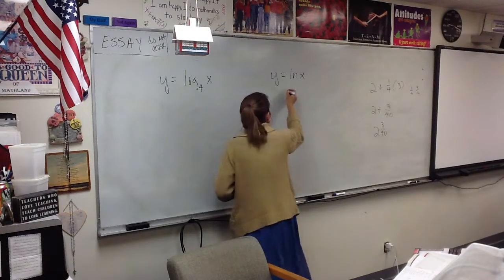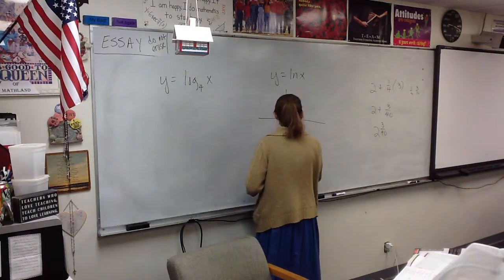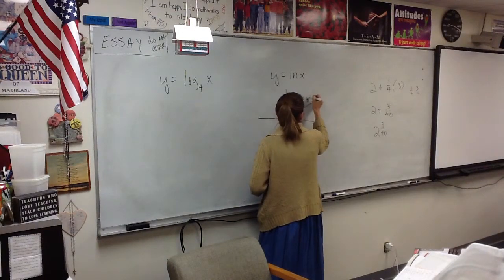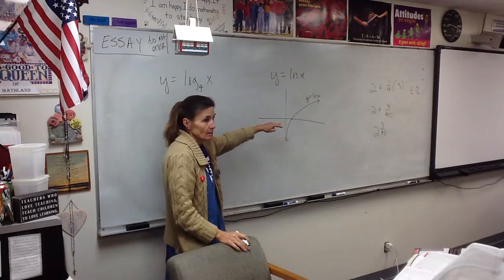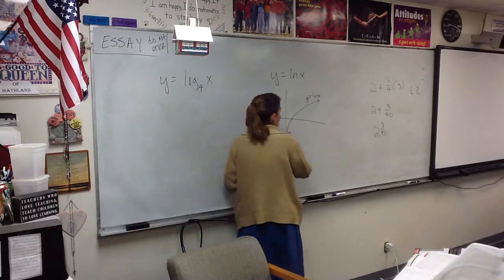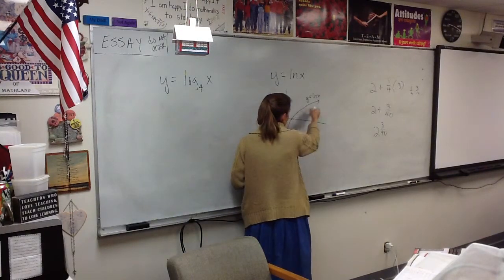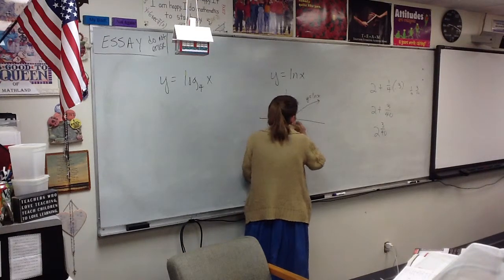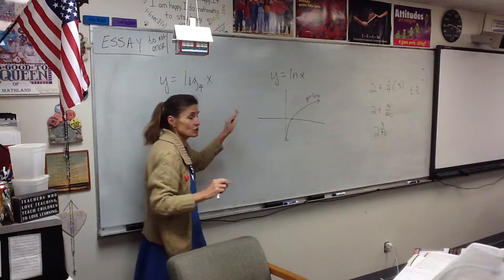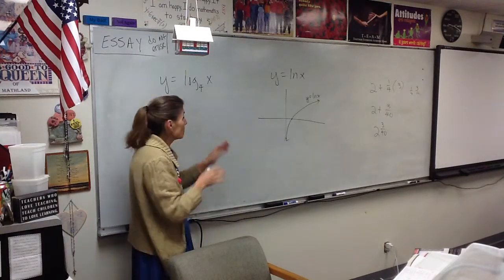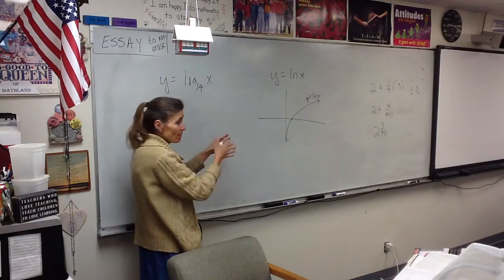So the curve that they drew for you and you memorized was this specific y equals ln x curve. Now, every logarithmic curve looks like that. Depending on the base, the curvature may be different, maybe flatter out this way, maybe steeper up this way, but that's the general shape of every logarithmic curve. But that's the basic one that you memorized.